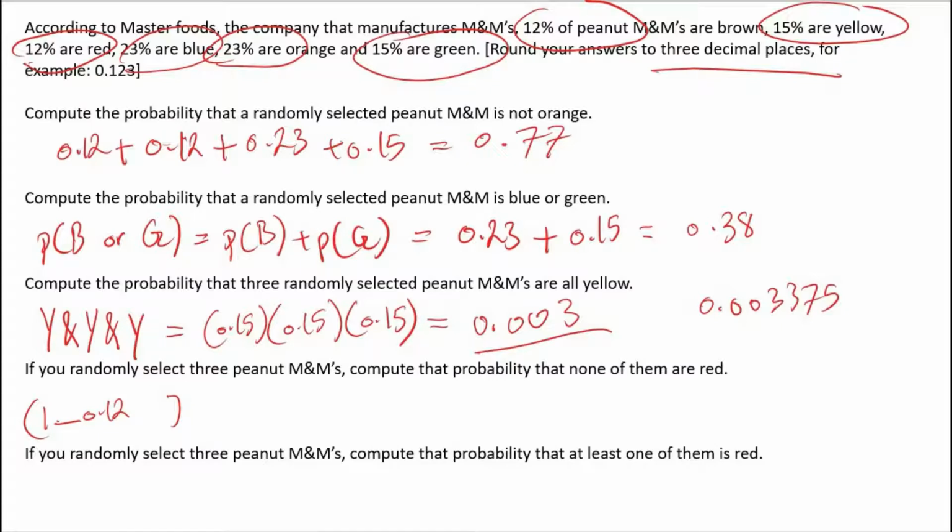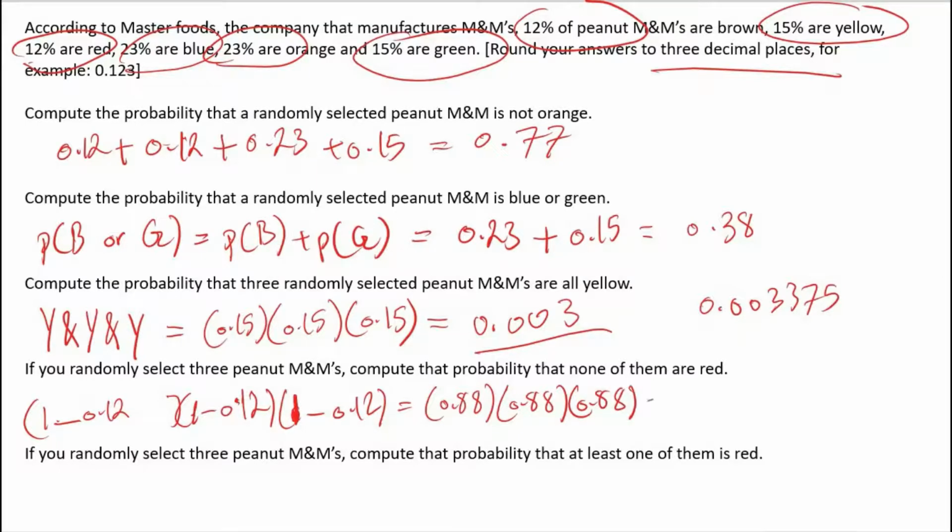So this is the probability of selecting the first one. This is the probability of selecting the second one, not red. And this is the probability of selecting the third one. So this is equal to 0.88 times 0.88 times 0.88. Again, all of these events are independent, so it is just a multiplication of the probabilities.